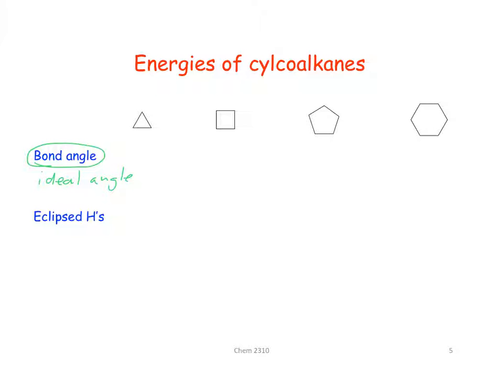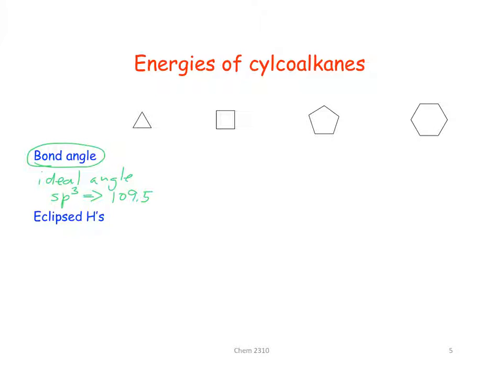So in all of these structures, what is the hybridization of all those different carbons? They're all sp3, right? So what's the ideal angle? Should be 109.5.